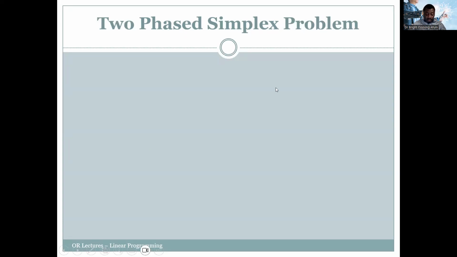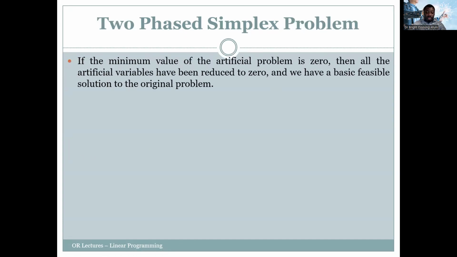If the minimum value of the artificial problem is 0, then it means that all the artificial variables have been reduced to 0, and we have a basic feasible solution to the original problem.